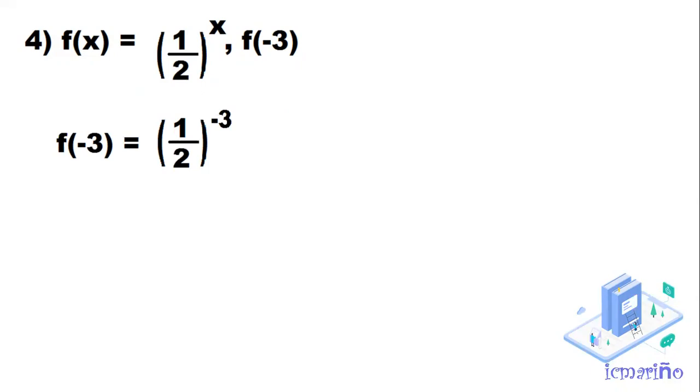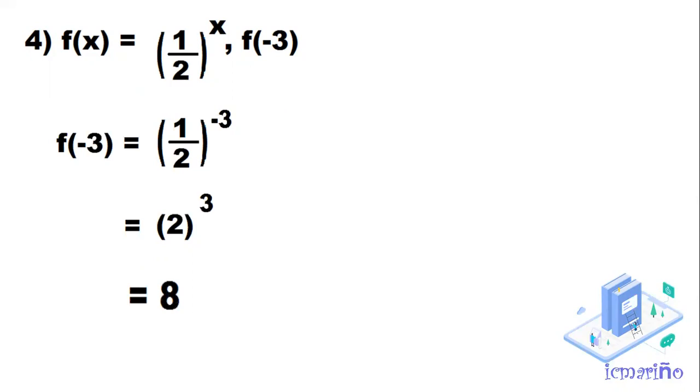What is the reciprocal of 1/2? That is 2. And the exponent becomes positive, so we raise this to the third power. So that is 2 raised to the third power, which is equal to 8.